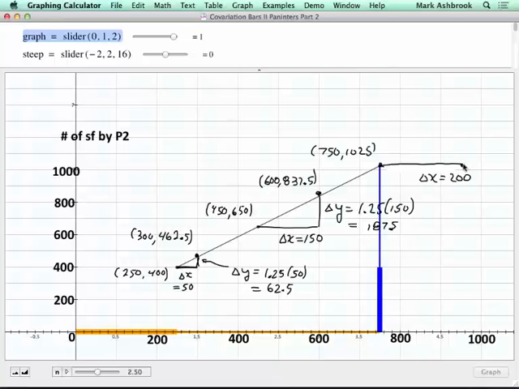And what do you get when you do that? So we're going to take the change in Y is going to be 1.25 times the change in X, 200. And what do you get when you do that?